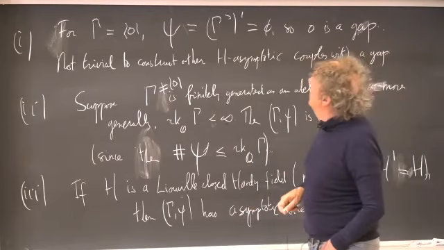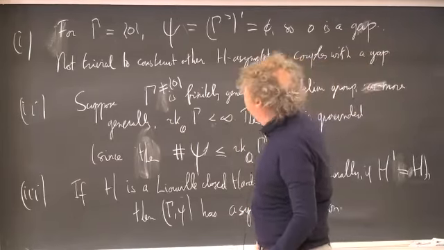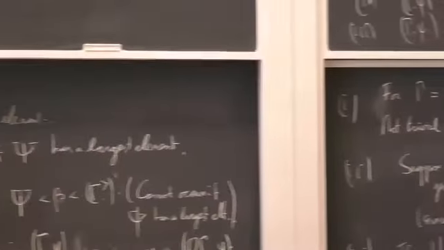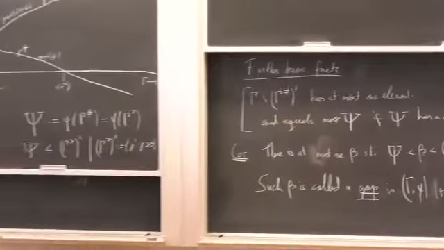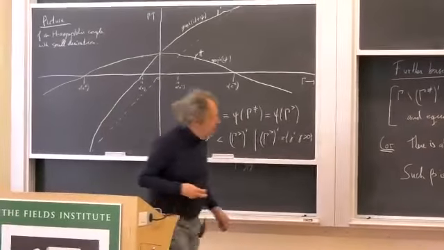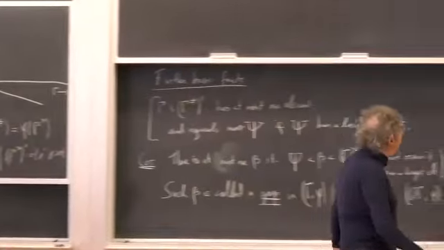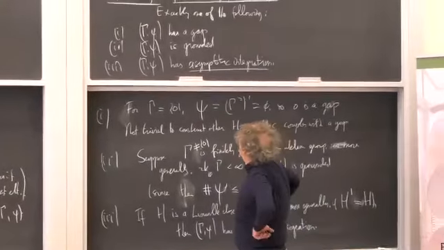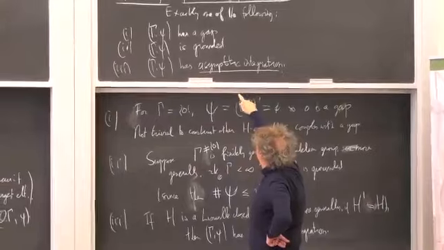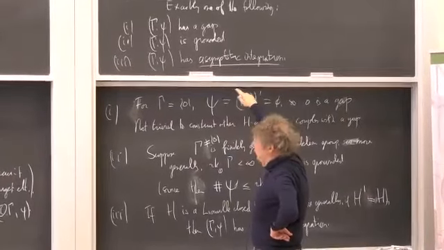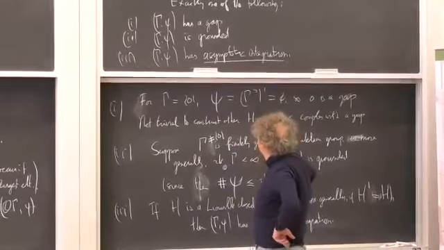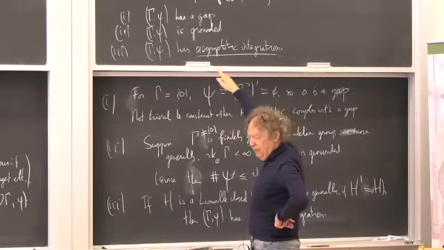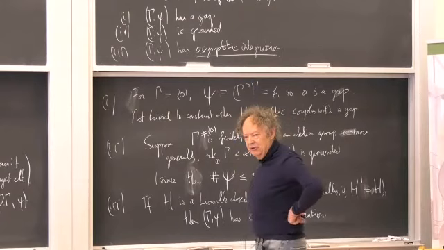Right. Okay. So this is a trichotomy that one always has to keep in mind. But yes, it is always possible to extend a grounded one to one that has asymptotic integration, and also to go from one with a gap to one that is grounded.